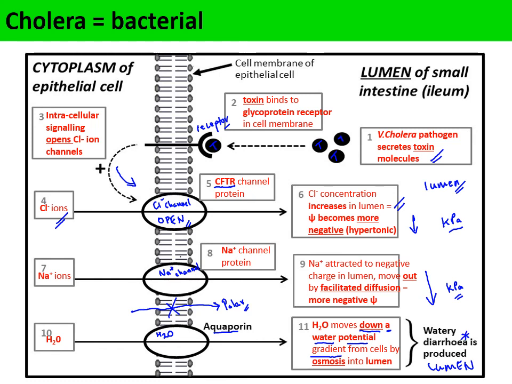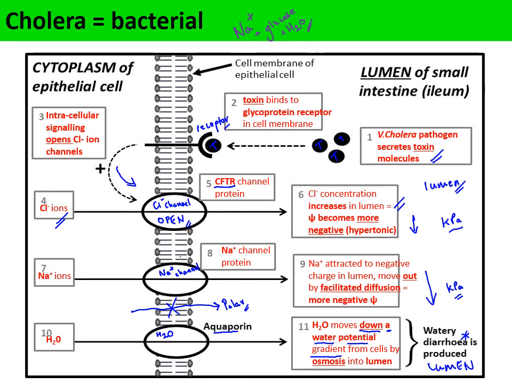and that's why you get the watery diarrhea that is so characteristic of cholera. Now the treatment for cholera is not just to give water to rehydrate them, but a rehydration solution, and that solution should contain both sodium ions, i.e. salt, plus glucose, plus obviously water in the solution.